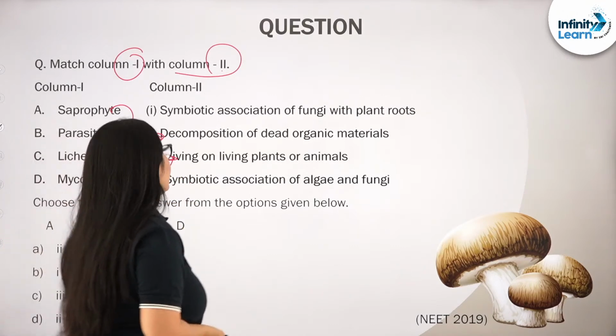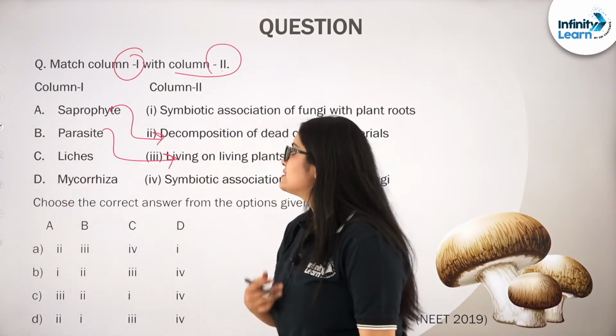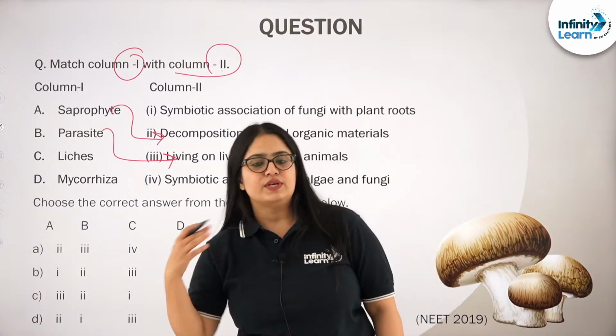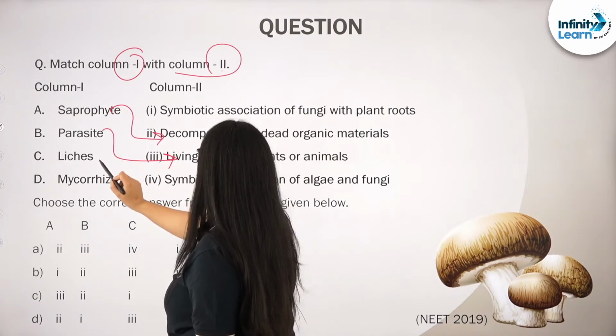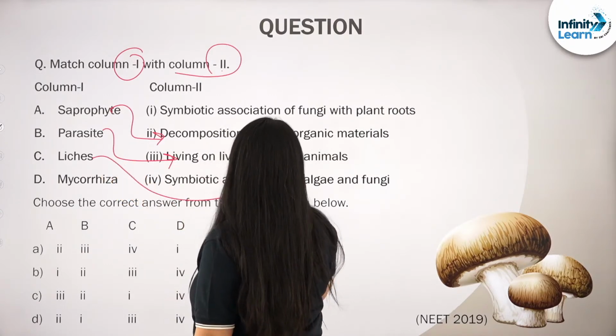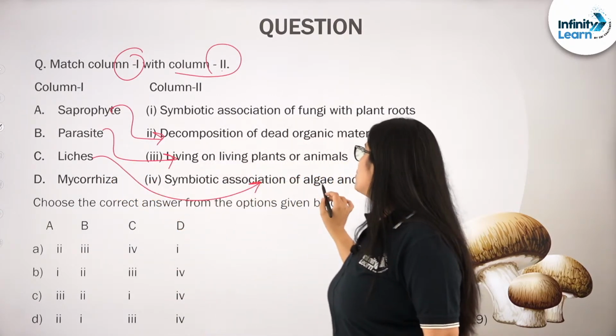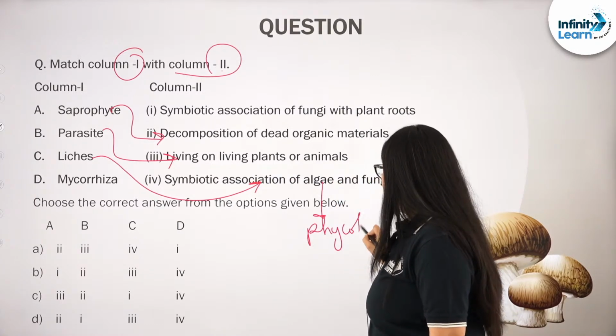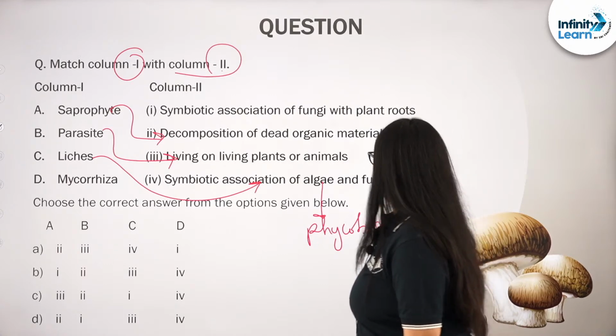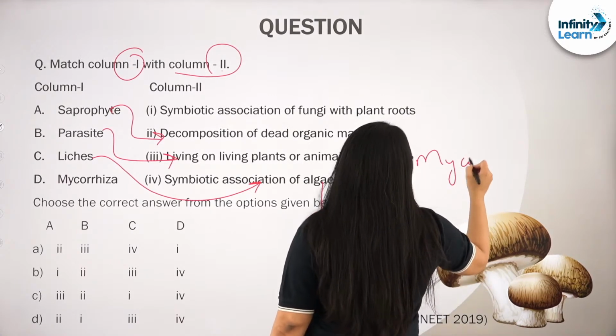What are lichens, students? Lichens are a symbiotic association between algae and fungi, where algae is known as phycobiont and fungi is known as mycobiont.